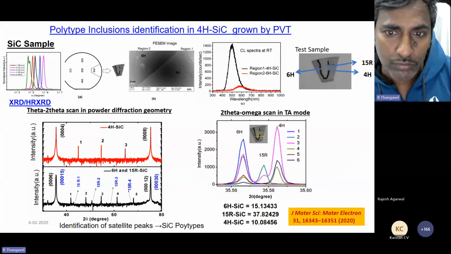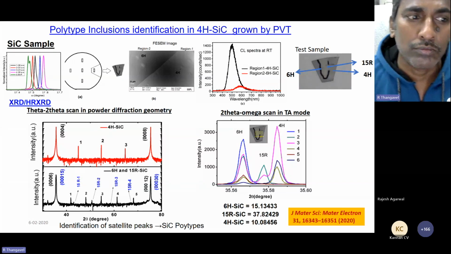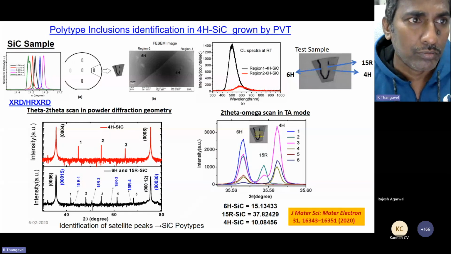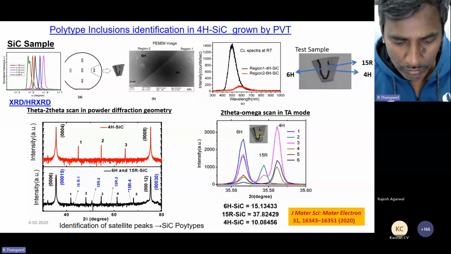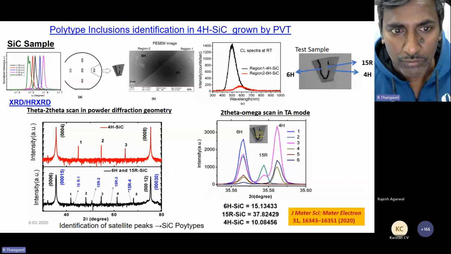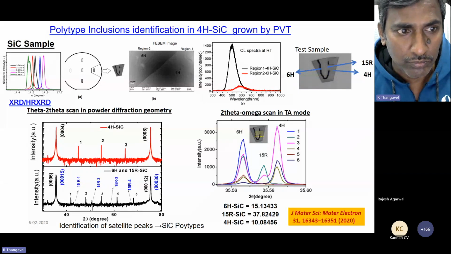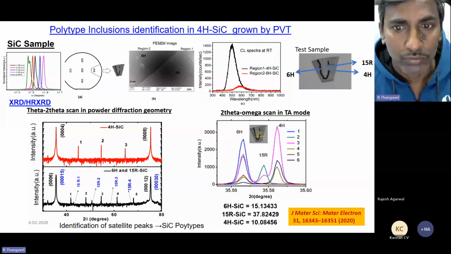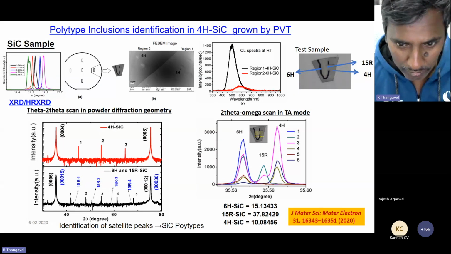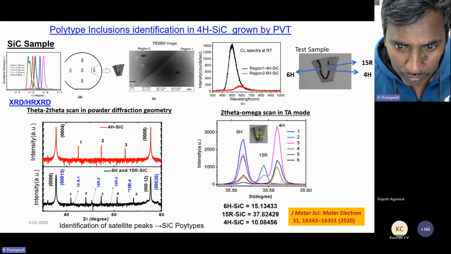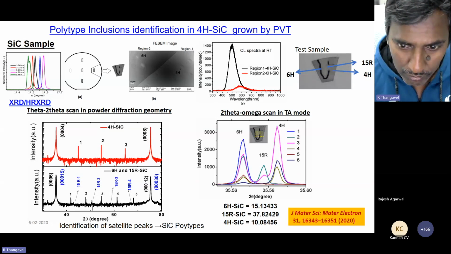This is the identification of satellite peaks. Basically, these peaks should not appear, but due to the special structure of silicon carbide, this natural superlattice gives us these peaks, and they can be used for identification of various silicon carbide polytypes. So in one crystal, we did the 2theta-omega scan by changing the position of the crystal, and by finding the lattice parameter, one can also identify the 6H, 4H and 15R polytypes.